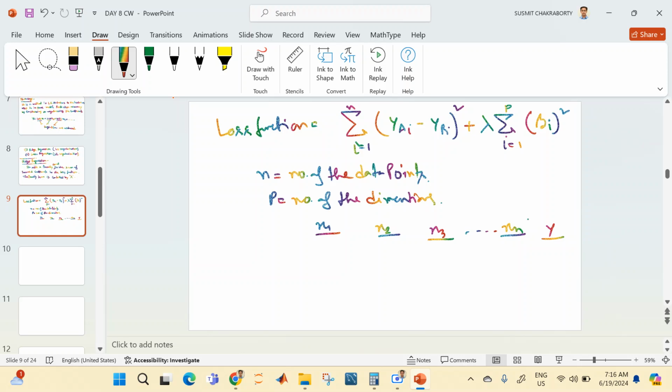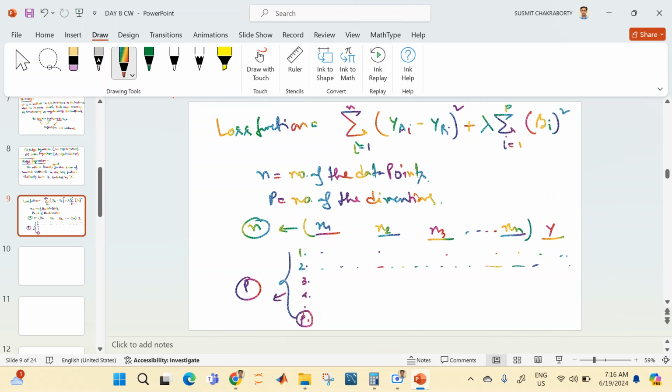So these x's are the dimensions. And if we have rows 1, 2, 3, 4 up to n, these are the data points. One particular row is a data point.